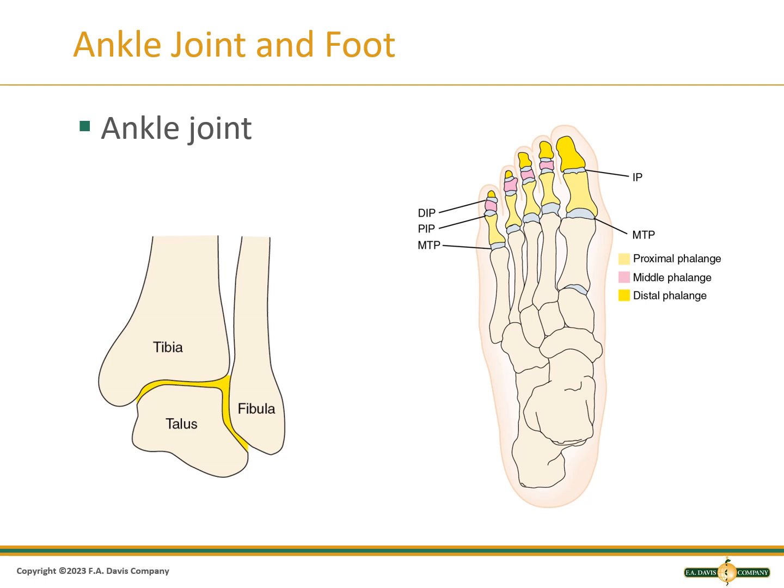The ankle and foot. That's the bottom part of your lower extremity. It's the best place to start. So our ankle joint is the articulation of our talus with our tibia and fibula in the talocrural joint, because the tibia and fibula make the crural part of the talocrural joint.